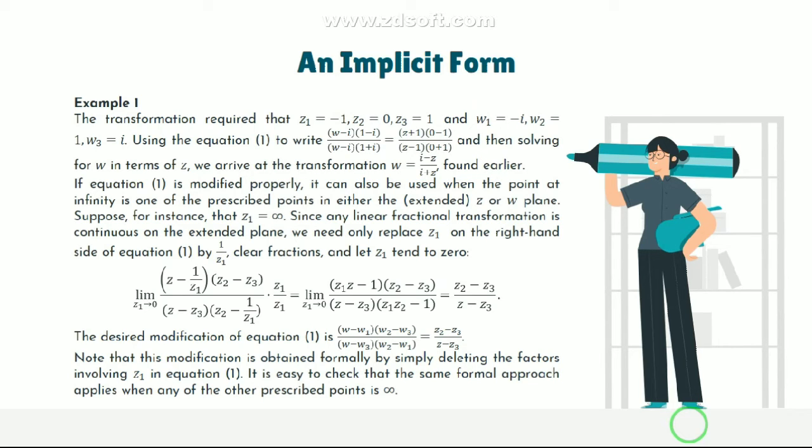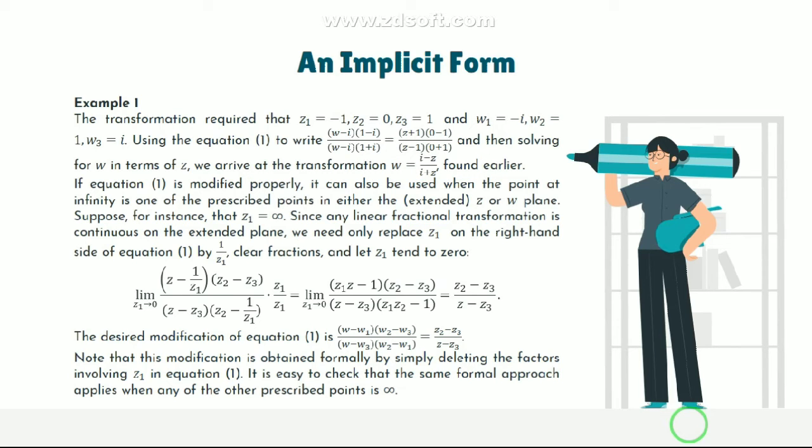Suppose, for instance, that z1 equal to infinity. Since any linear fractional transformation is continuous on the extended plane, we need only replace z1 on the right hand side of equation 1 by 1 over z1, clear fractions, and let z1 tend to 0. So we determine the limit value.